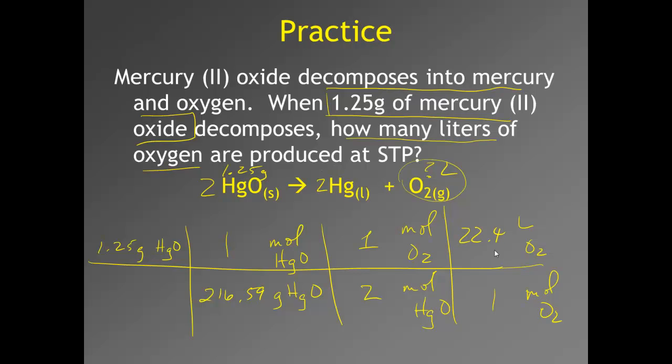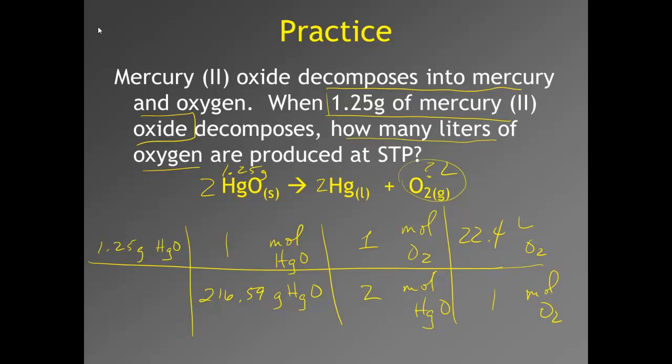So 22.4. Multiply the numbers on the top. So 1.25 times 22.4, because we can skip the ones. Divide by every number on the bottom, divided by 216.59, divided by 2.